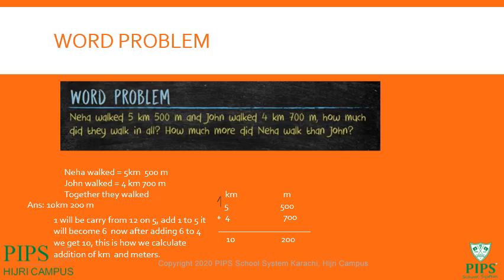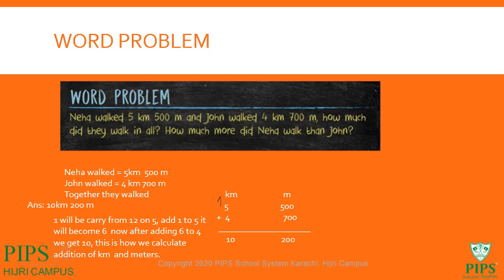How much did they walk in all? Both distances are given to you, Neha's and John's, and you have to add both. Then: how much more did Neha walk than John?